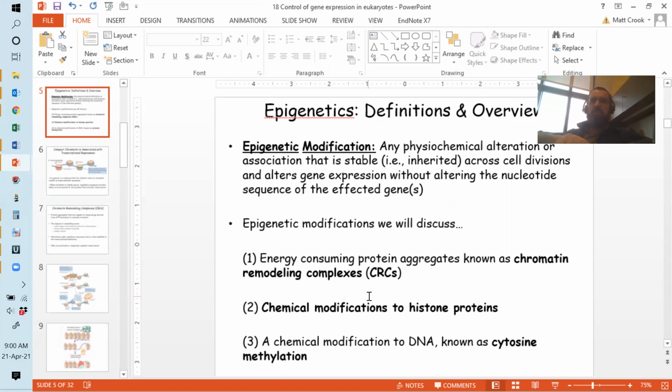I'm not going to spend much time on it, but we're going to go through these different modifications in turn. The first thing we're going to talk about are the chromatin remodeling complexes, and then the chemical modifications that we can make to histones and DNA, which can alter transcription or the rate of transcription.